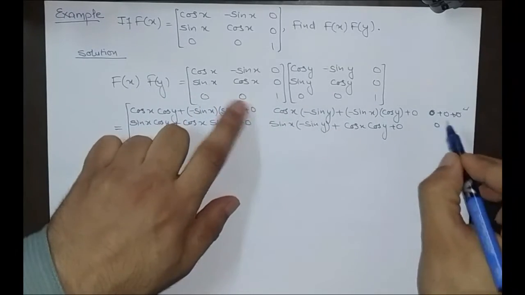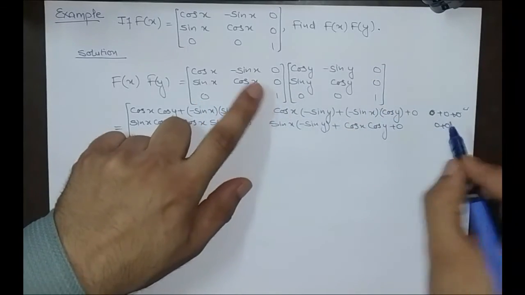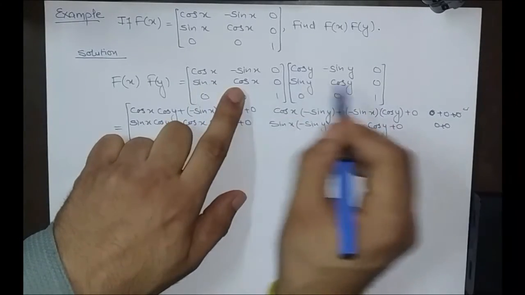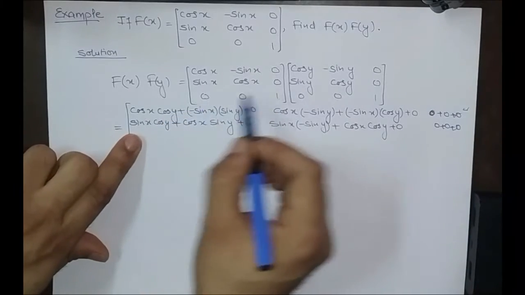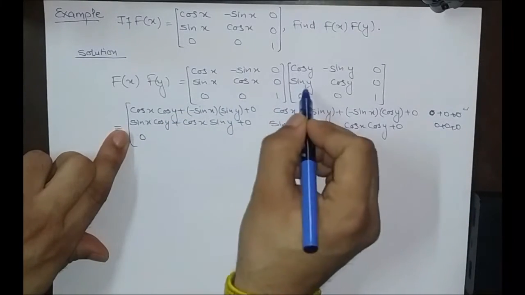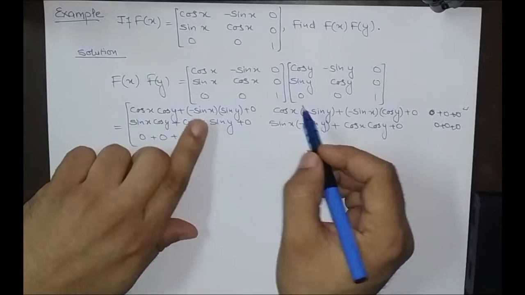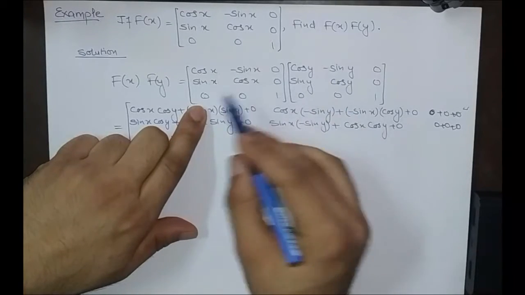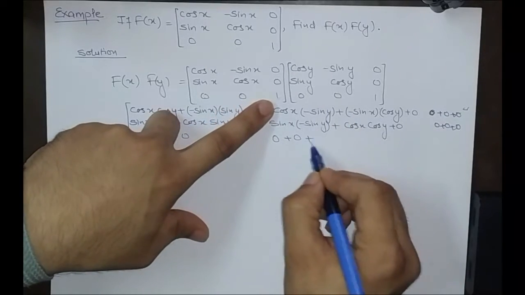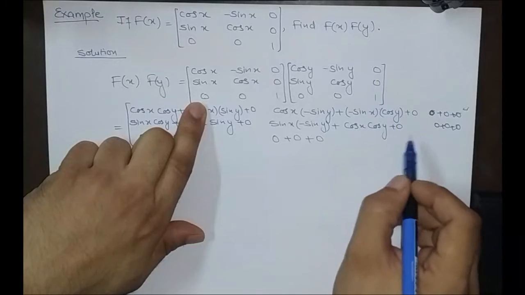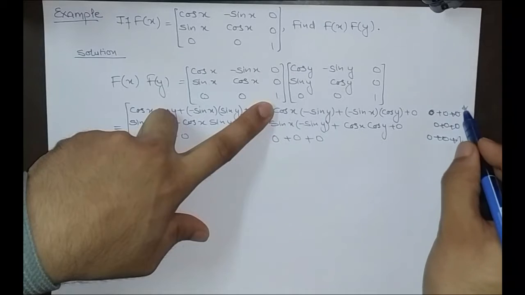This is further equal to 0 into 0, 0, 0 into 0, 0, 1 into 1. This is 0, 0, 0 into 1, 0. Now 0 into cos y, 0, 0 into sin y, 0, 1 into 0, 0. This sin y into 0, 0, 0 into cos y, 0, 1 into 0, 0, again 0 into 0, 0, 0 into 0, 0, 1 into 1, 1.